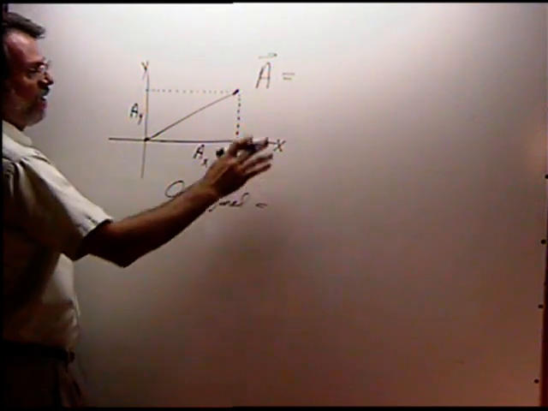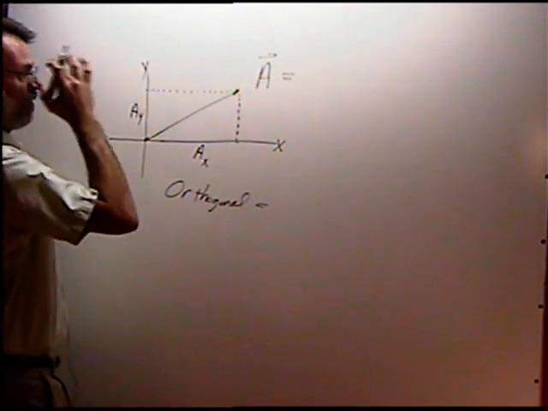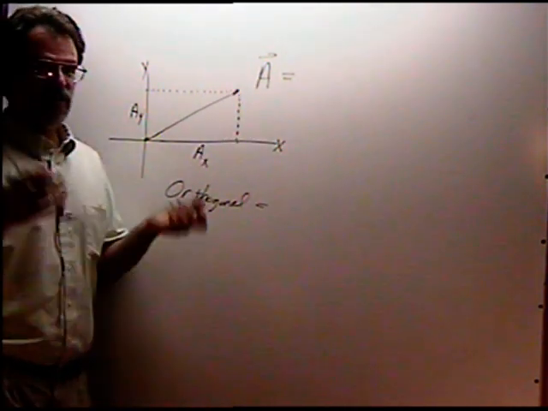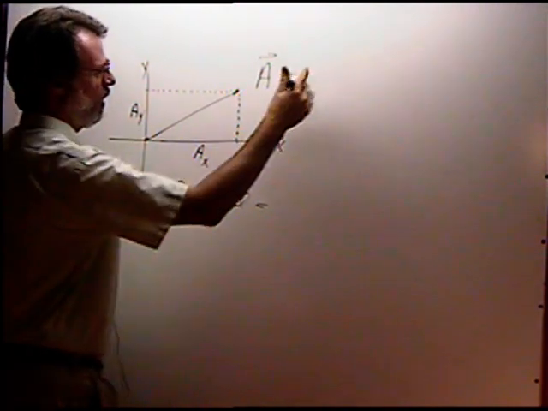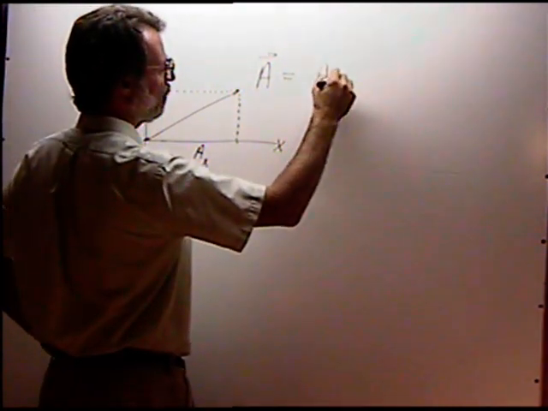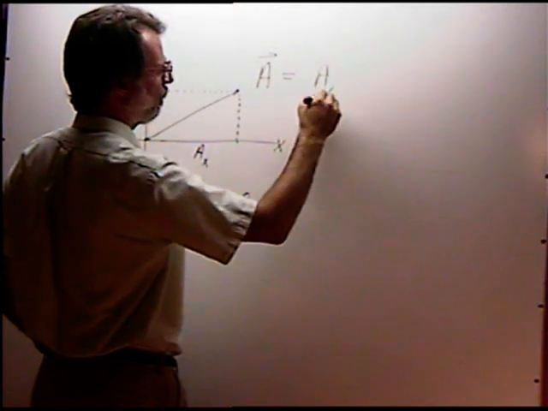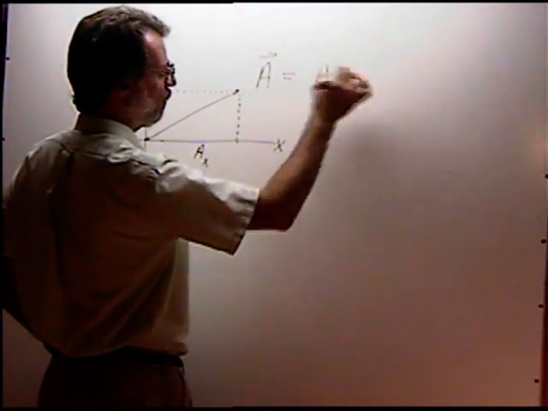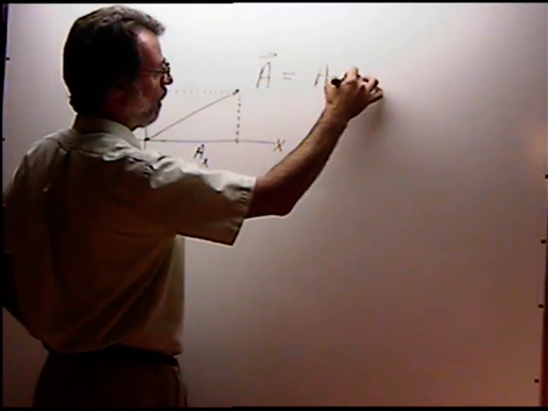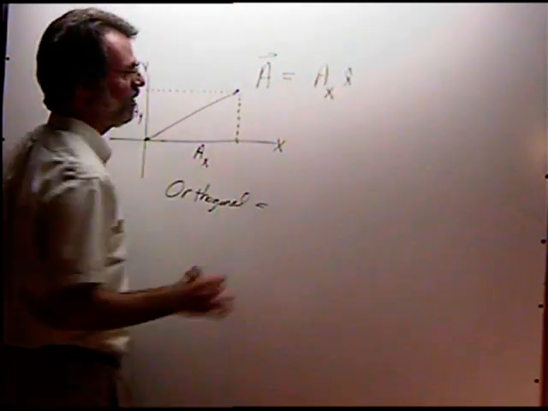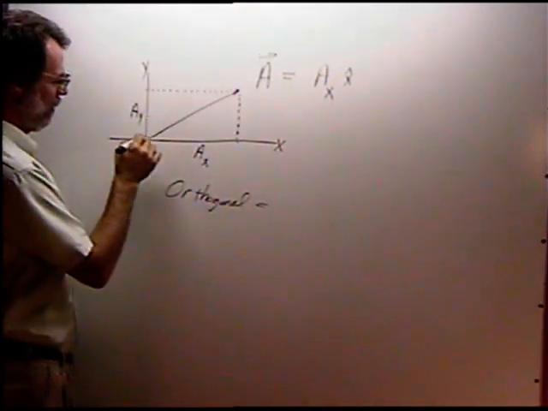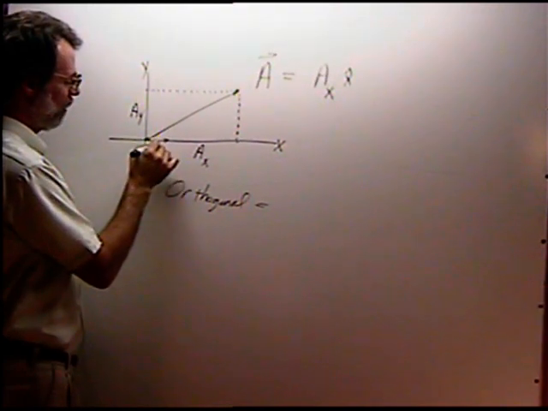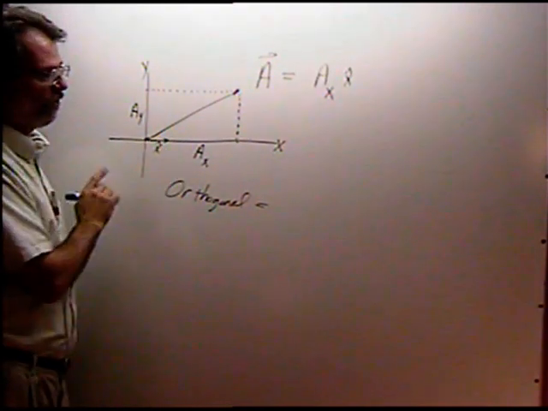So when we write a vector, we break it up into its orthogonal components. So that would be a sub x, and I'm going to put a little x with the hat over it, a little unit vector of length 1 in the x direction.